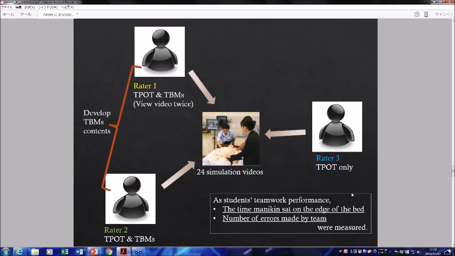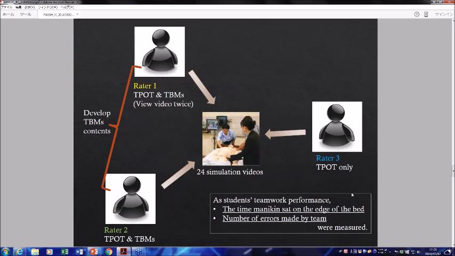They recorded all 24 sessions, and 3 raters individually reviewed the videos. Rater 1 used TPOT and also TBMs, and she reviewed the videos twice at a 2-week interval because she would like to know the retest reliability.